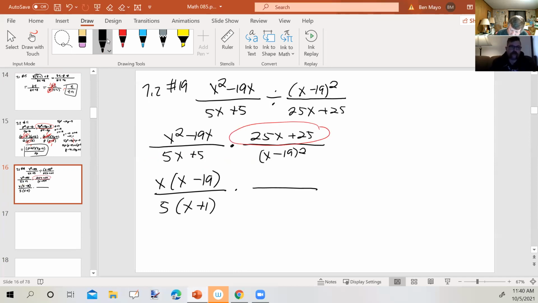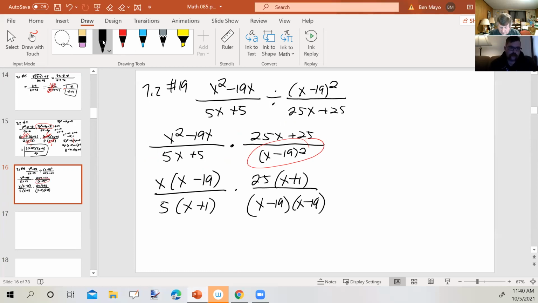This one, I can take out the greatest common factor, which is a 25, and have x plus 1 left over. And finally, this one is really already factored. It's x minus 19 times x minus 19. Two identical factors.